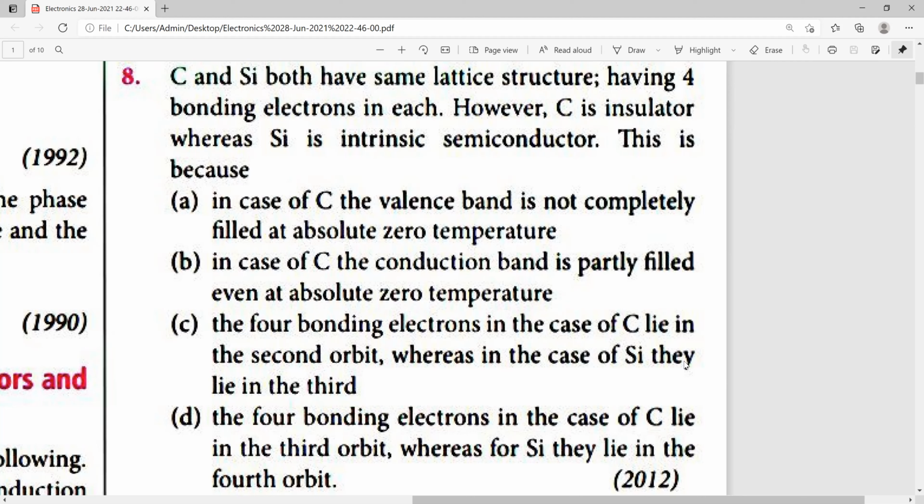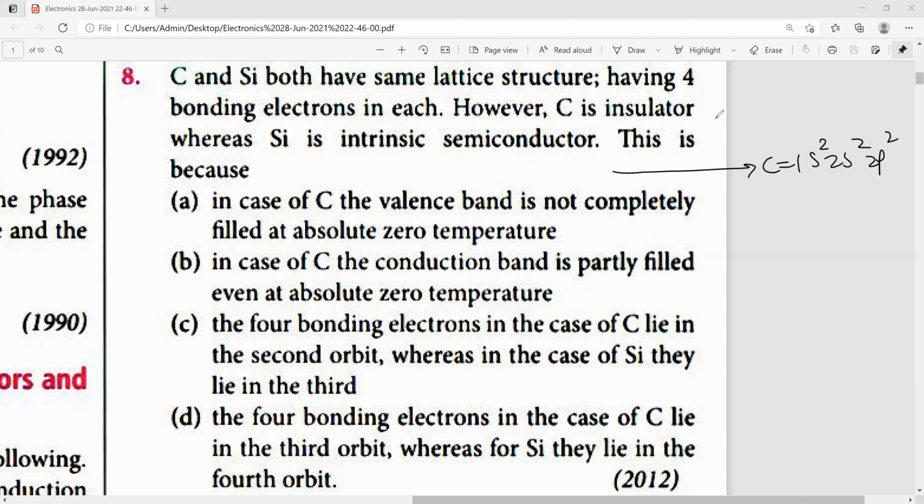So here, electronic configuration of carbon we write as 1s2, 2s2, 2p2.